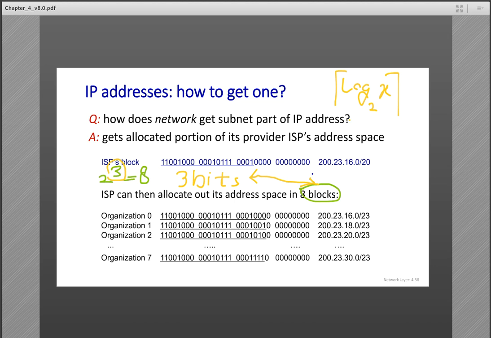For example, here I'm using 8 blocks. Log of 8 in base 2 is equal to 3. So I need 3 bits to define one of those 8 blocks. I have 8 different blocks.